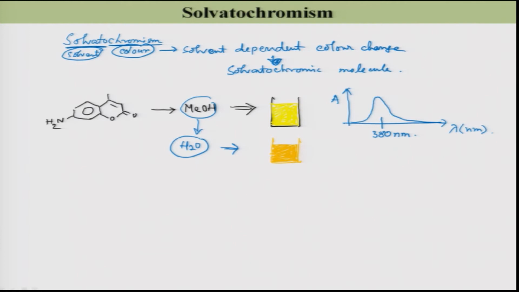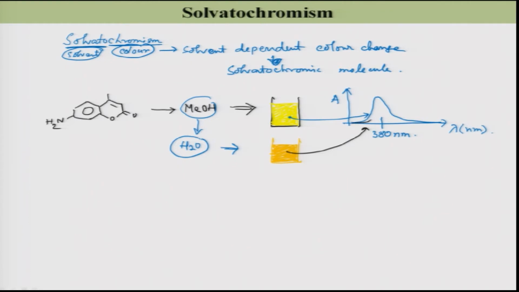So, this color corresponds to this absorption spectra, and that color corresponds to some other. The absorption spectra will change a little bit, that is why the color will change, right. In this case it will absorb at a slightly longer wavelength than it did in methanol.